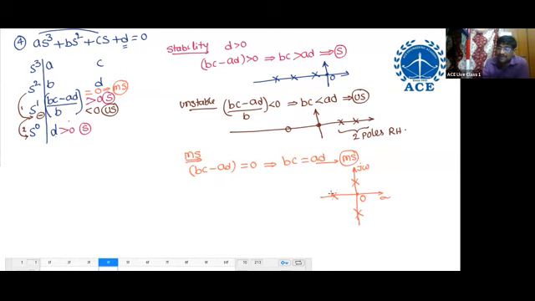One pole should be on the left hand side. So for up to third order system, we can find stability directly. Be remember, up to third order system, we can find stability directly.